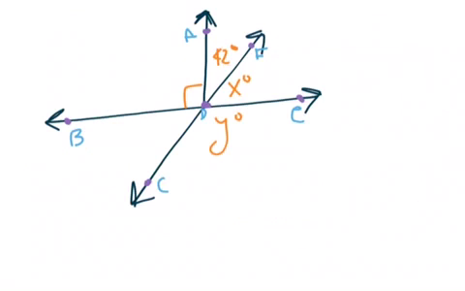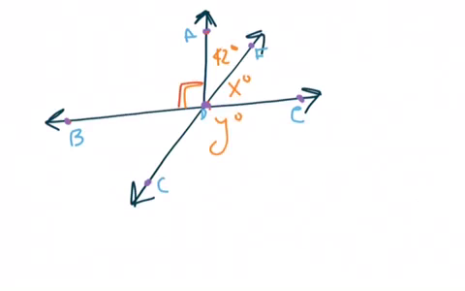Alright, this last part here is finding a missing angle measure. So they give us two different degrees here. So we have angle ADB. It's 90 degrees. We know that because that's the 90-degree angle. Then we know that angle ADF is 42 degrees.